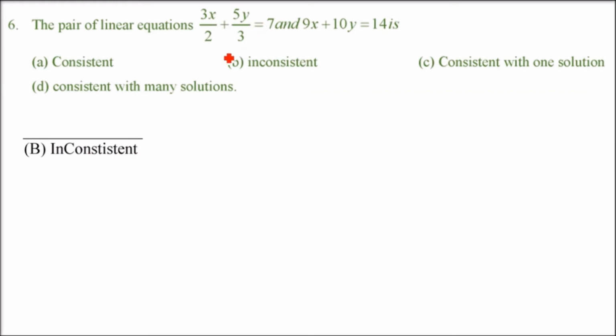First we'll take a1x plus b1y plus c1 and a2x plus b2y plus c2. So we'll take a1 by a2, 3 by 2 by 9, b1 by b2, 1 by 3 by 10, and then we take c1 by c2, 7 by 14.